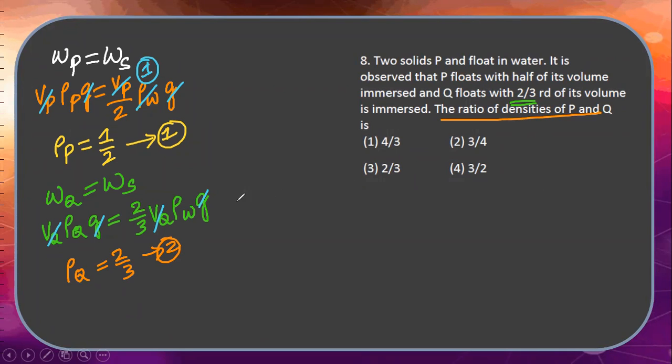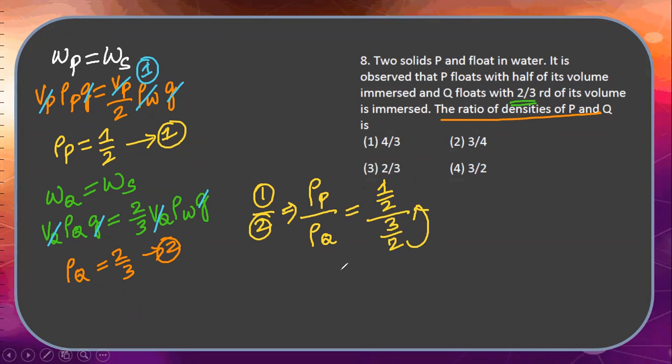The ratio of the densities of P and Q is asked. Taking equation 1 by equation 2, density of P divided by density of Q is equal to 1/2 divided by 2/3.